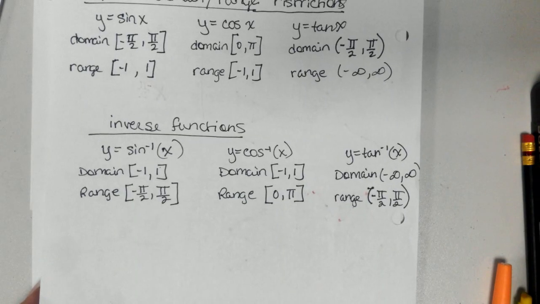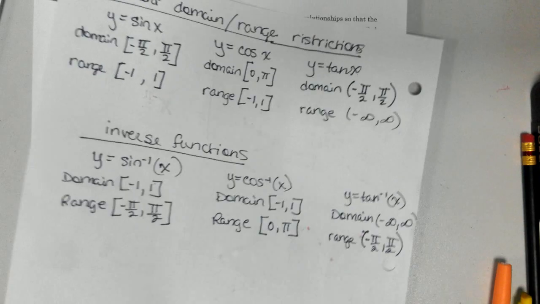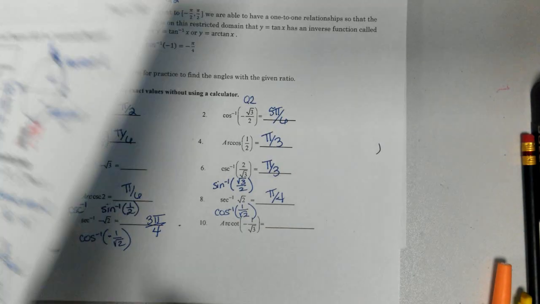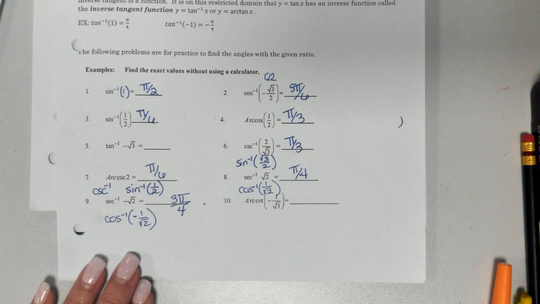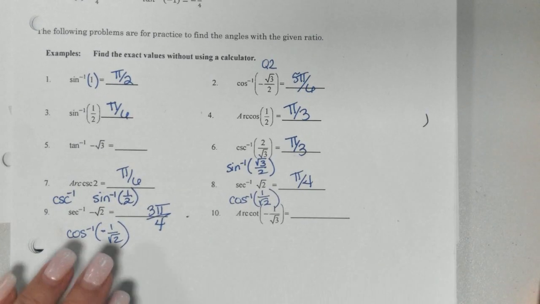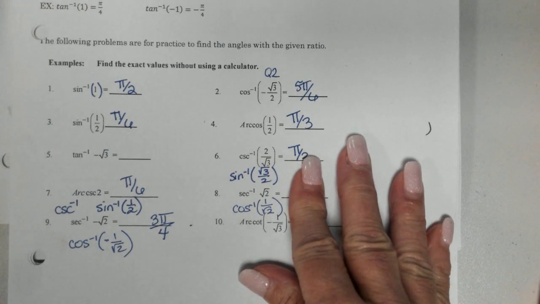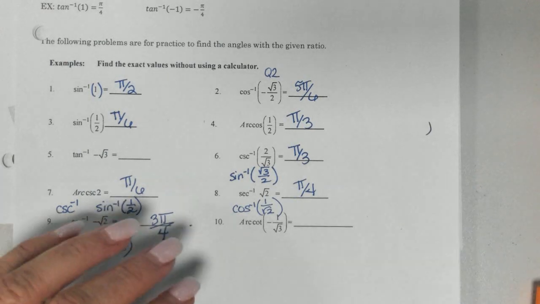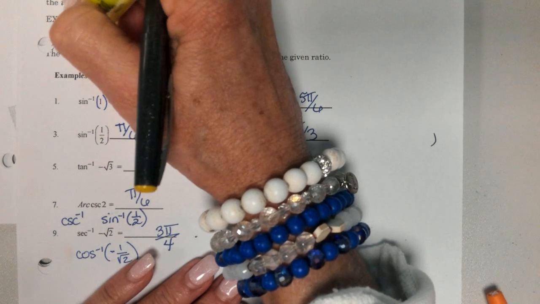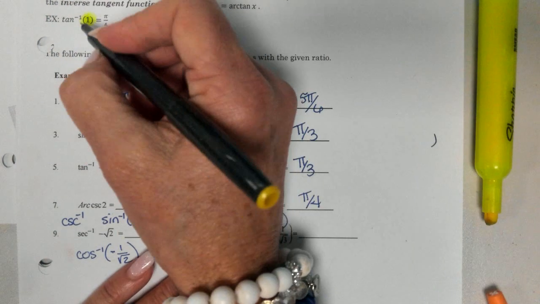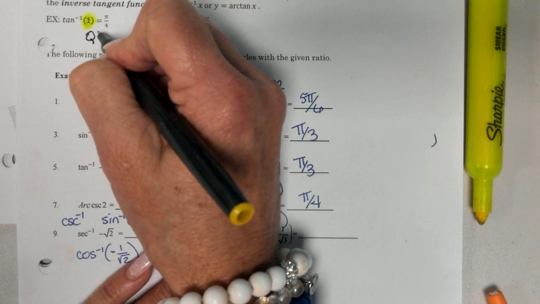So, did everybody get this copy down? All right. So now then, let's look on page 13. We're going to do some more practice problems just of your inverse, okay? So now, if we have a positive tangent ratio, we're going to get our angles from quadrant 1.